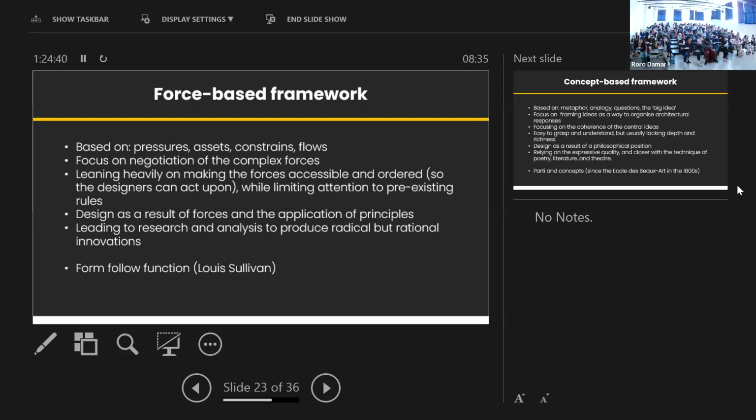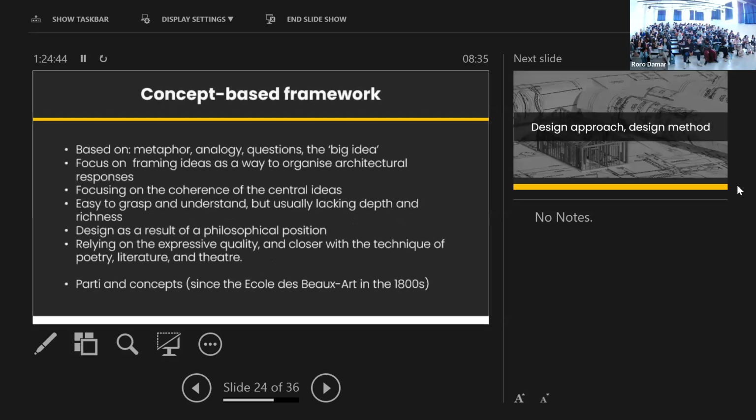Yeah. Okay. Next. This is the third one, the concept-based framework. So some architects in the world use this, but this is not really popular because it is putting emphasis on the form, the shape, while putting emphasis on form and shape makes it difficult to be justified in terms of context.